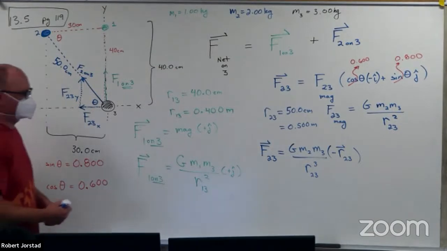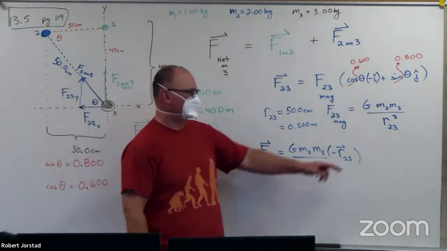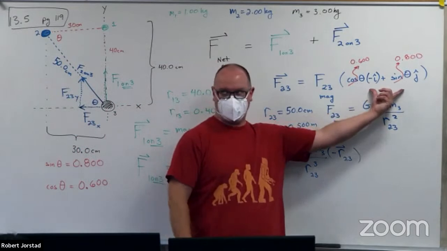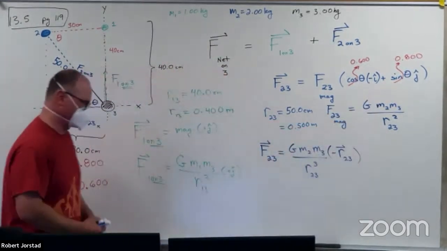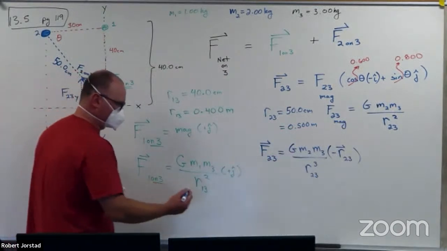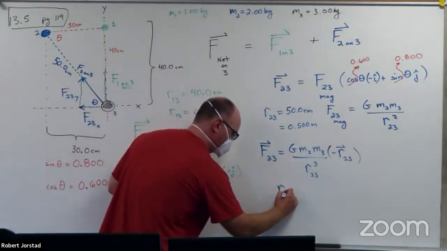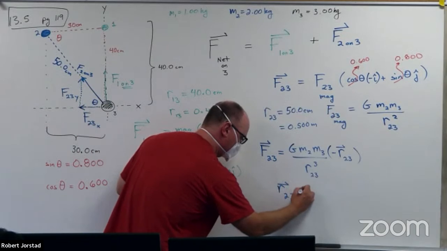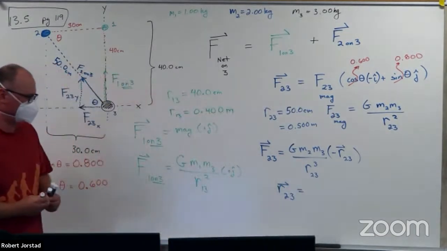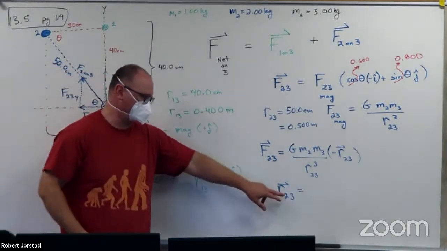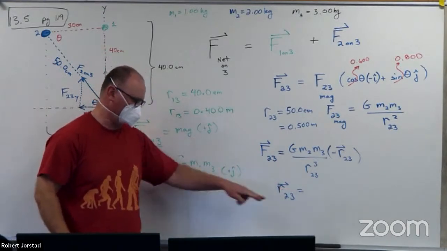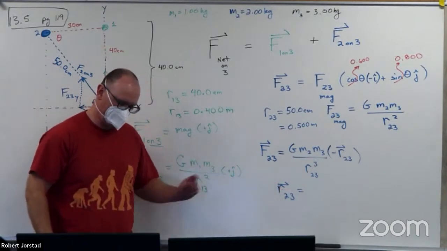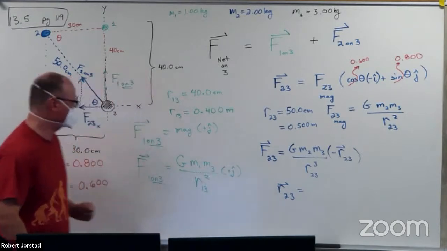So instead of saying r squared times r hat negative, we could do this. Somebody give me the vector for r 2,3. Remind me, is R23 from 2 to 3 or is it from 3 to 2? What is R23? 2 to 3.